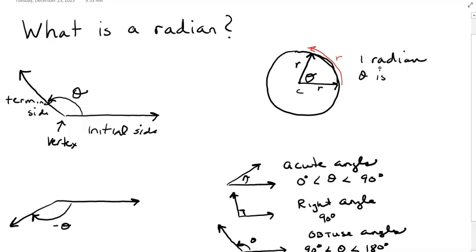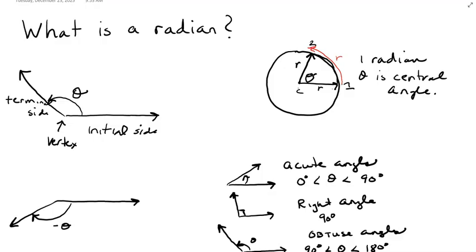When we stick an angle inside the unit circle, by the way, it becomes a central angle. A central angle is simply an angle that is centered at the center and has its sides as the radius. Now again, if that central angle is the same, we'll call this position 1, position 2. If the distance between position 1 and position 2 is the length of the radius, then that angle is considered to be 1 radian.